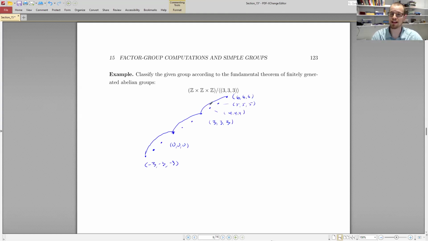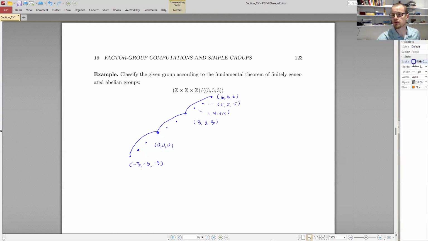I can take this line. So before I could fill all of the 3 space with just these lines, but now I'm skipping over a bunch of points within each of those lines. So what I want to do is fill in those gaps. If I take this line and shift it down by 1 to here, now I have all of these things.